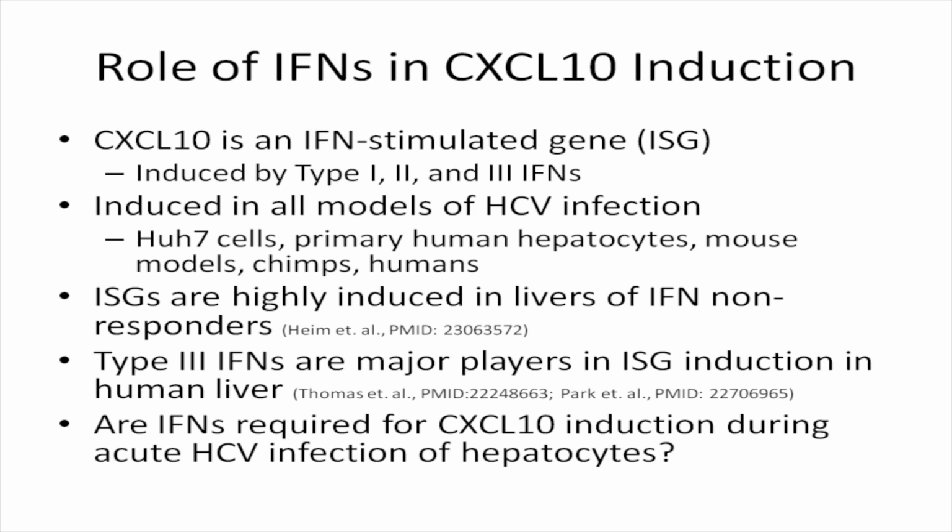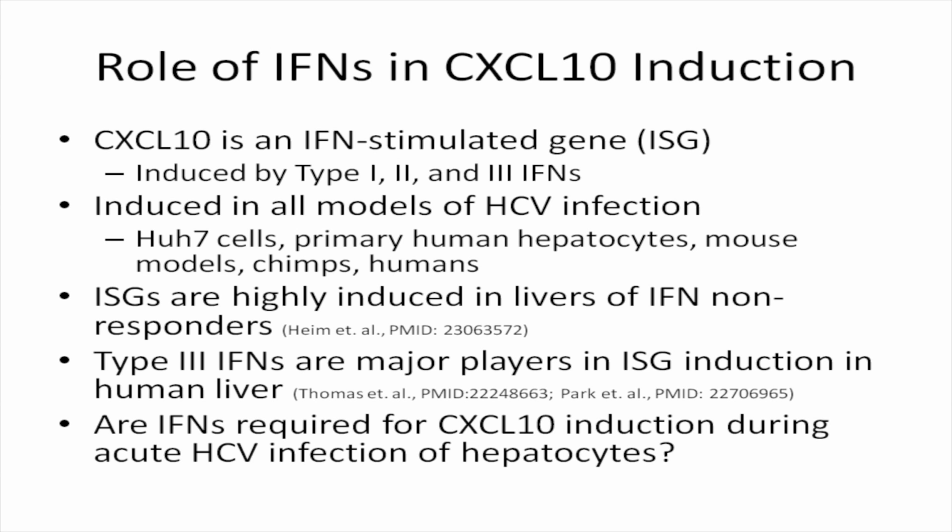And as I mentioned, CXCL10 is induced in all models of HCV infection, and interferon-stimulated genes are highly induced in the livers of interferon non-responders. And recent studies from Barbara Rehermann's lab and Emmanuel Thomas have shown that type 3 interferons are major players in interferon-stimulated gene induction in human liver.